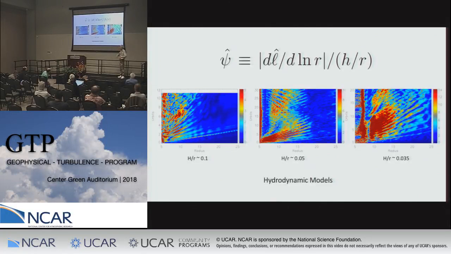Because if the warp is large compared to h over r, you're in a situation where the warp becomes nonlinear with respect to the thickness of the disk, and you expect dissipation. And so in cases where this is bigger than 1 by some factor, then you get alignment, but when it drops below, you just have the waves bouncing around, and they don't do much. There isn't any dissipation anymore, particularly.